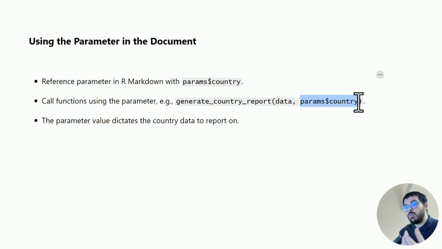So since we specified that the country in the params parameter in the YAML header is Angola, this is equivalent to saying Angola. And the way to access that value is to specify the params parameter with the country parameter, and writing this basically allows us to access that specific value.